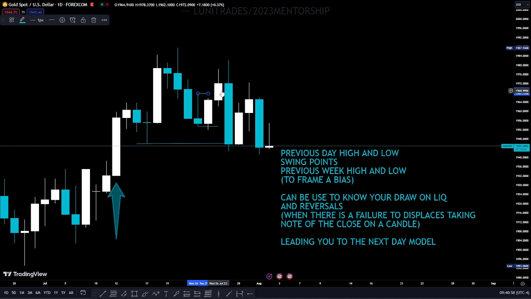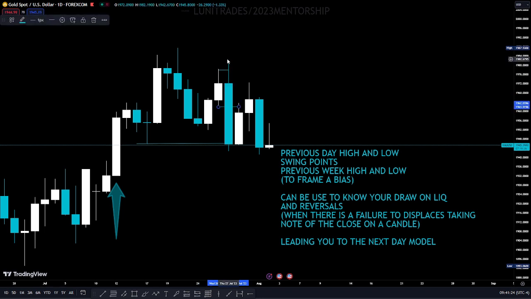So for the next day, you should be targeting this high because price closed above this low. Which is what happened, can you see? Price closed above. So for this candle, we'll be expecting price to take this high again, which is exactly what it did.